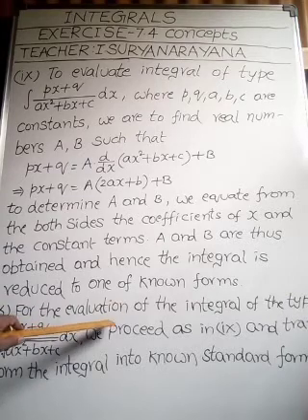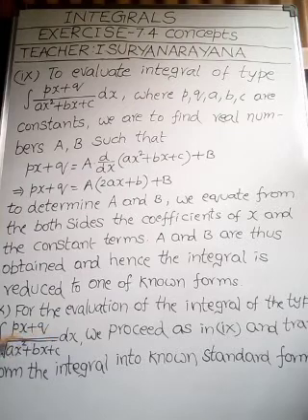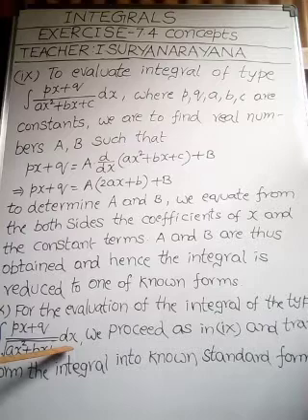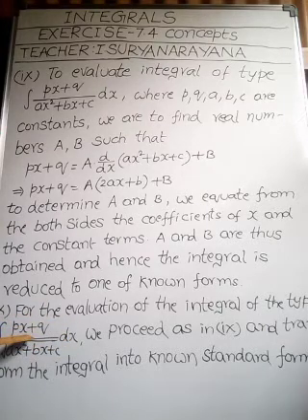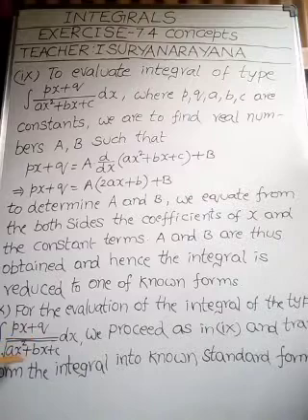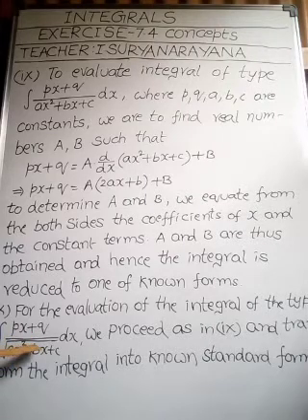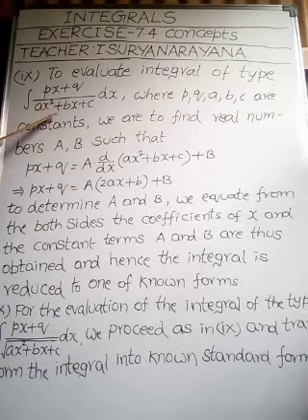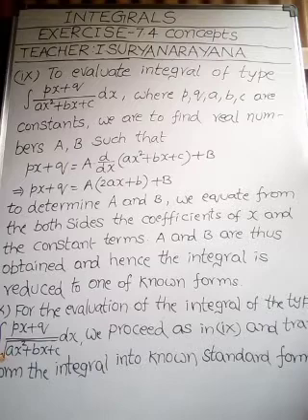Similarly, come to the 10th type of integrals. For evaluation of the integral of the type integral px plus q by square root of ax square plus bx plus c dx. If you observe this integrand, in the numerator there is a linear expression in x, and in the denominator, under the square root, a quadratic expression in x. A small difference here is that there is a square root over the quadratic expression in x.